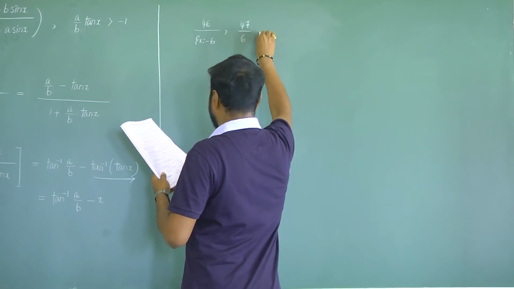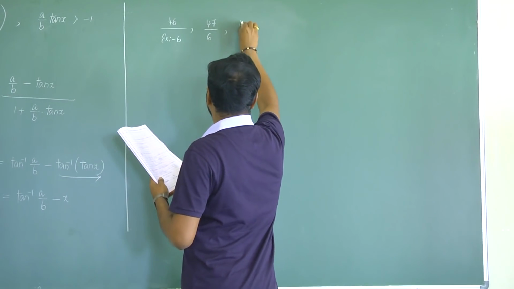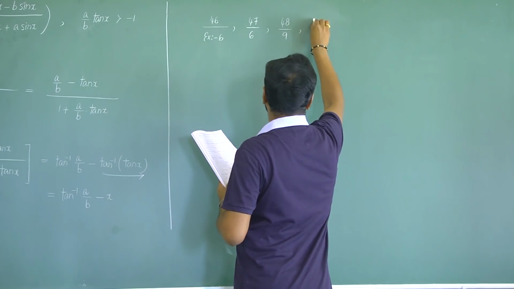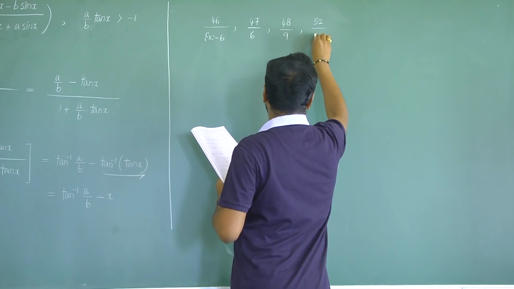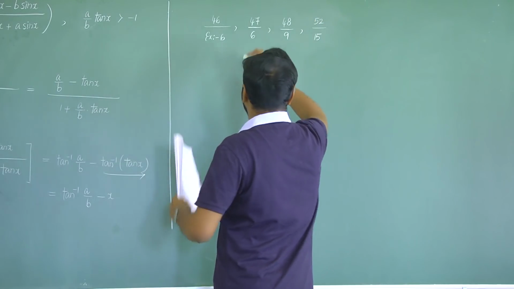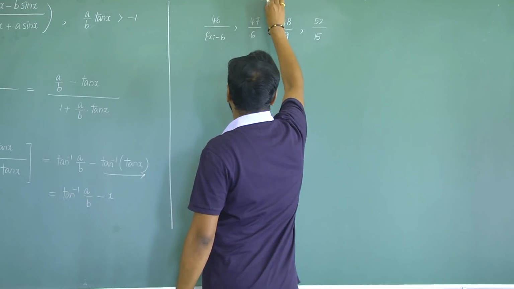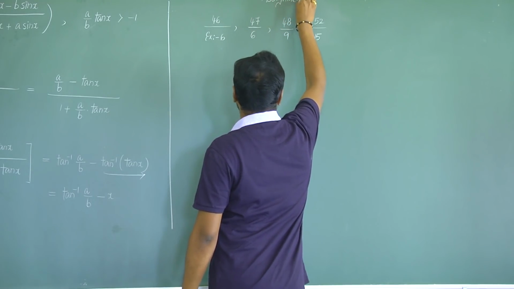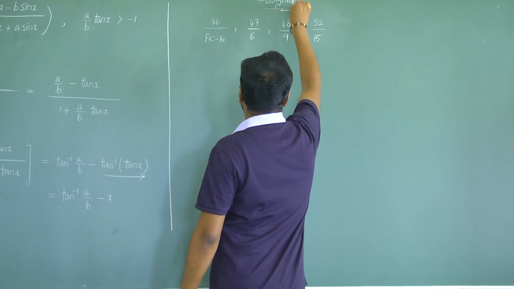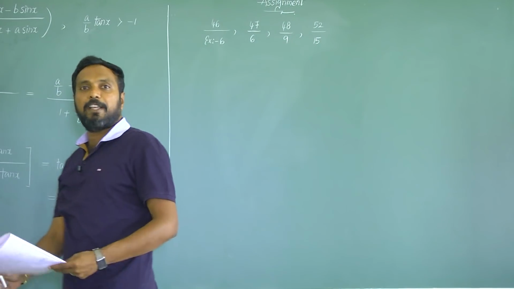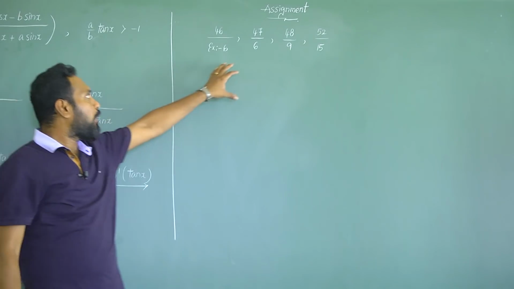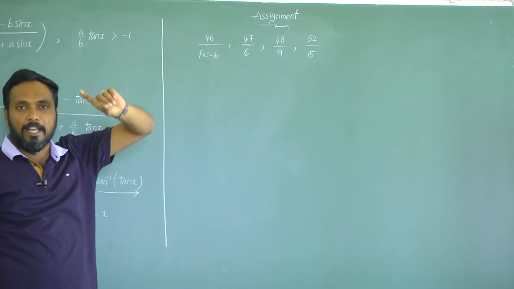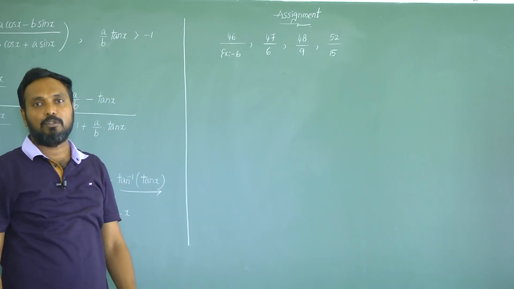Page number 47, 6th question. Page number 48, 9th question. And page number 52, 15th question. These 4 problems based on this model are your assignment, and you have to solve those questions compulsorily.